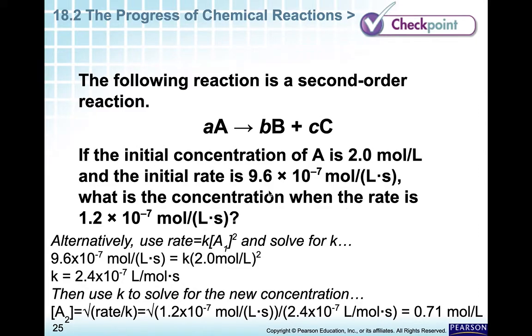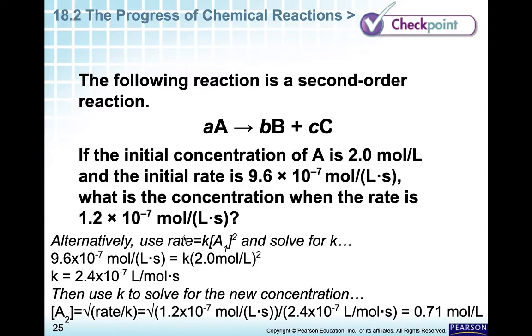Alternatively, we could have broken this into 2 steps. We could have used our rate law, that our rate is equal to k times the concentration of A squared, and used our numbers from the first trial in which we knew the rate and the initial concentration to solve for k.